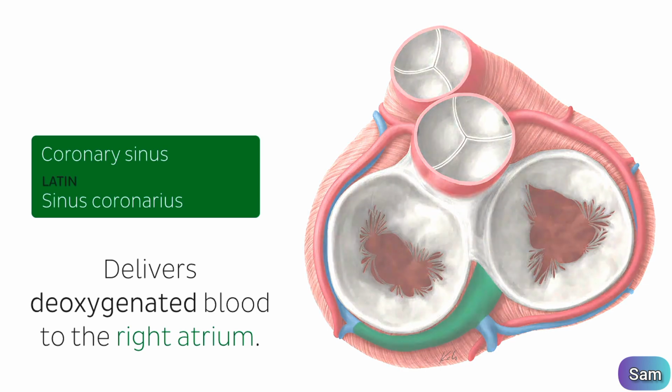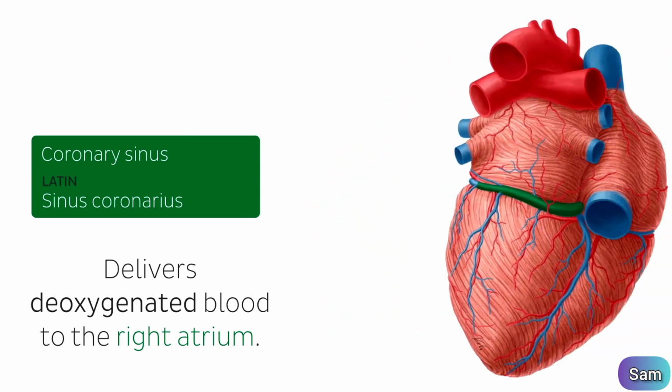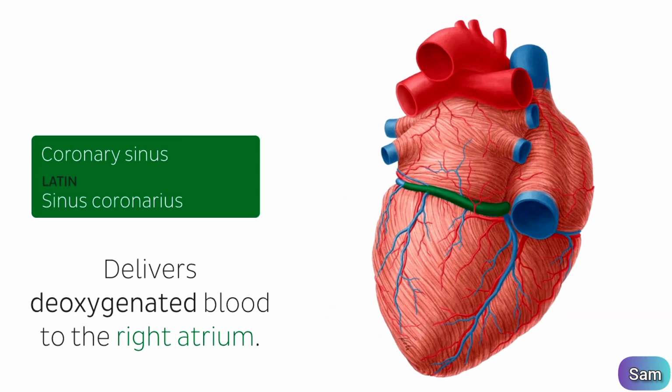You can also see here the coronary sinus on this image of the posterior view of the heart, where you can also see the superior vena cava and the inferior vena cava, and notice how they are all connected to the right atrium. To be more clear, we're looking at a posterior inferior view of the heart.